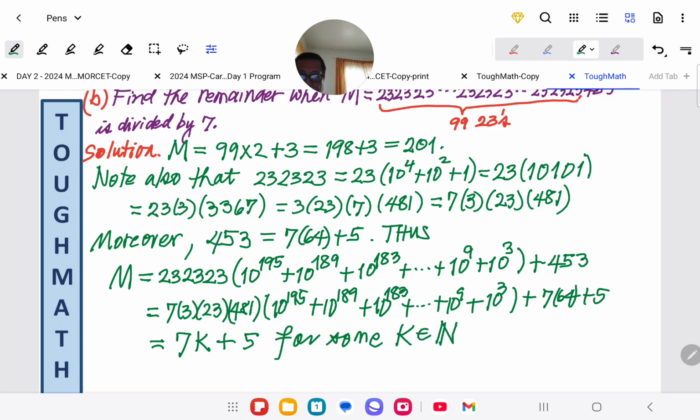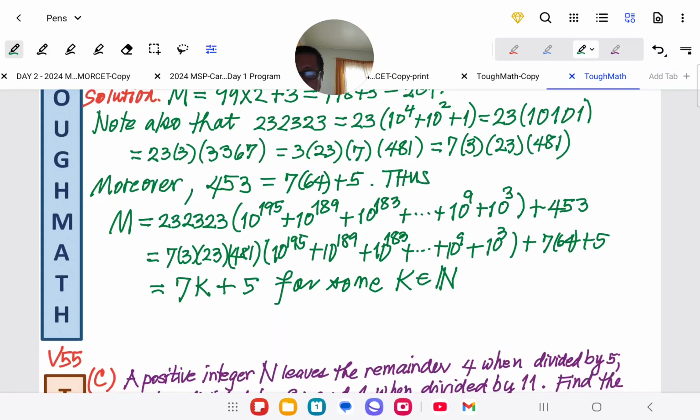Actually, k can be taken from the previous equation, but I'm not doing that anymore. So anyway, the important point is that we have shown that m is equal to 7k plus 5.